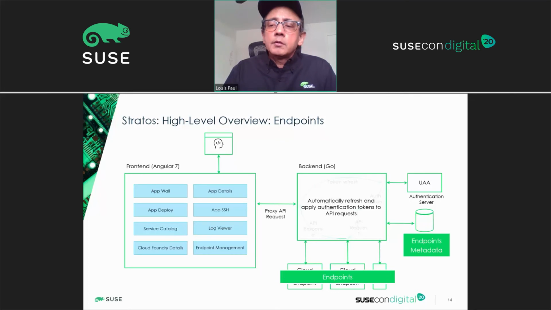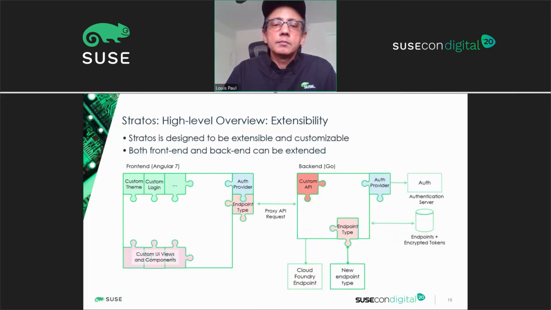But we're keeping a lot of the details in a common authentication server called the User Account and Authentication Server. So we keep this together, but we can actually authenticate with different endpoints. And this can be extended to any type of endpoint that has an API to authenticate.